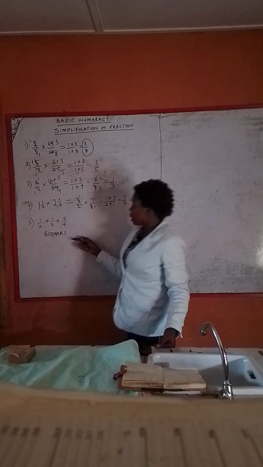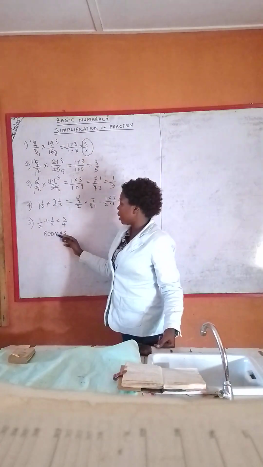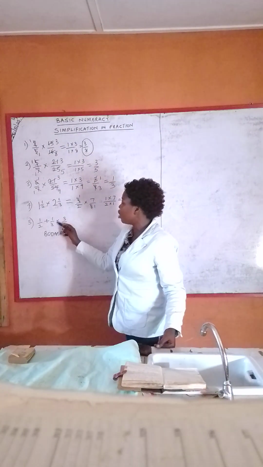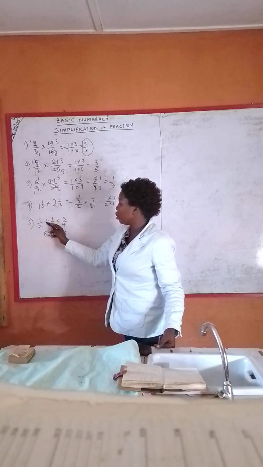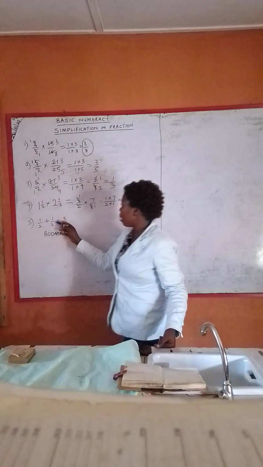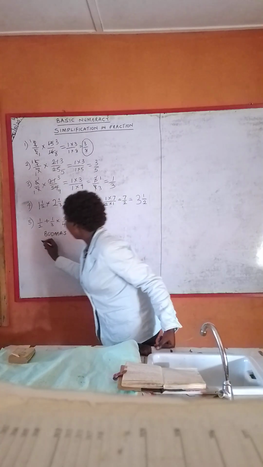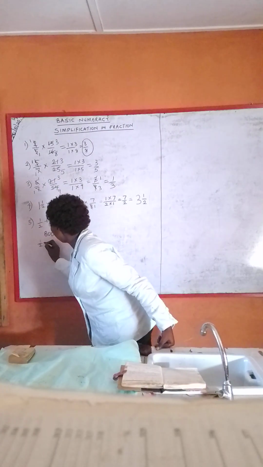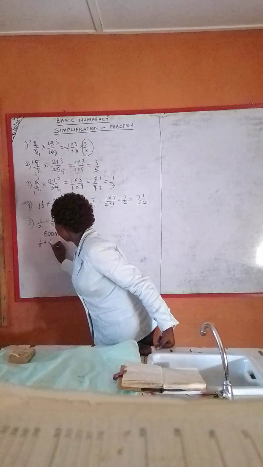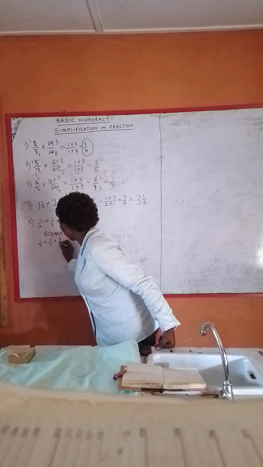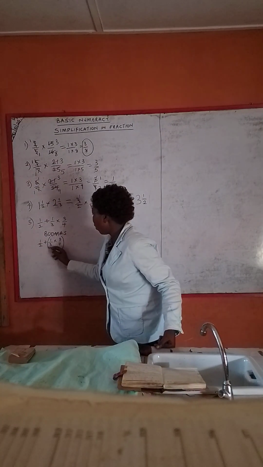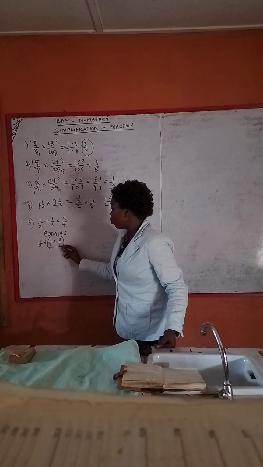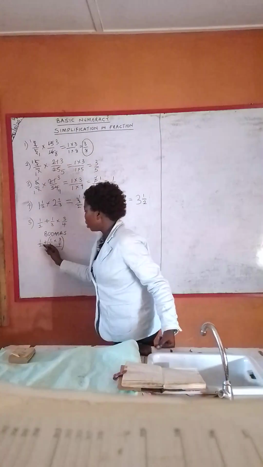When you follow the BODMAS rule, it tells us that we have to first do multiplication before addition. That means in 1 over 2 plus 1 over 3 multiplied by 3 over 4, you need to first do the multiplication before you proceed to addition.